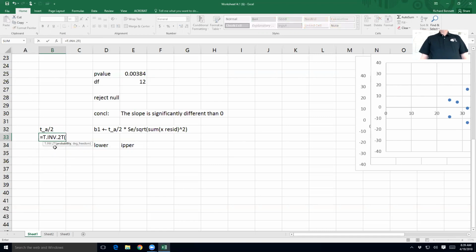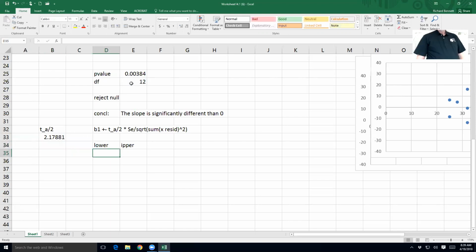Not your p-value. What kind of a confidence interval do I want? It's the most common, 95%. So what do I want in my tails? 5%. My degrees of freedom? 12 degrees of freedom. So that gives me a value of 2.178.